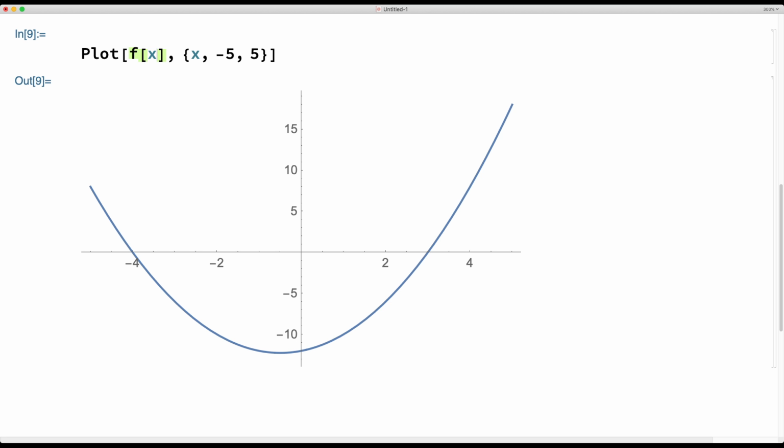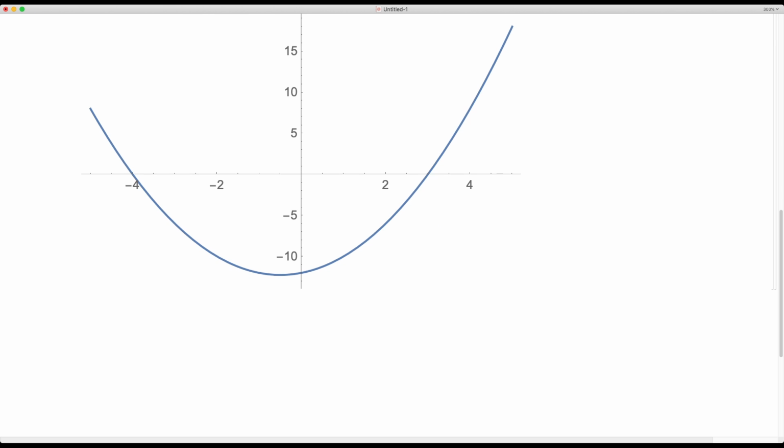So there's this section below the x-axis from -4 to 3. It has some area. Let's figure out what that area is. Now, how would I write this by hand? What's the symbol to describe that area by hand? One of these, a definite integral.